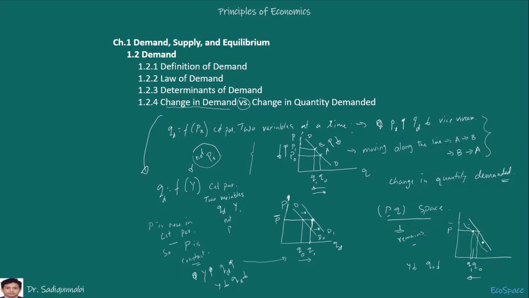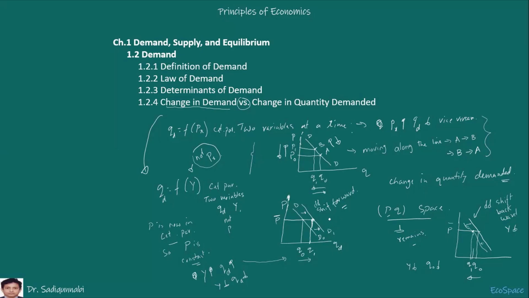This is called shift backward. Here the demand curve DD shifts backward. Why backward? Because Y decreases. Here DD shifts forward.